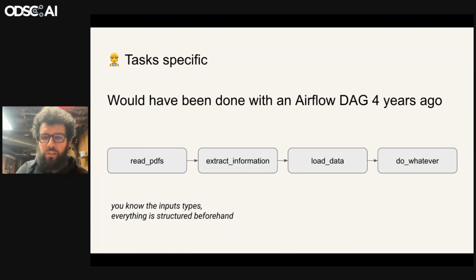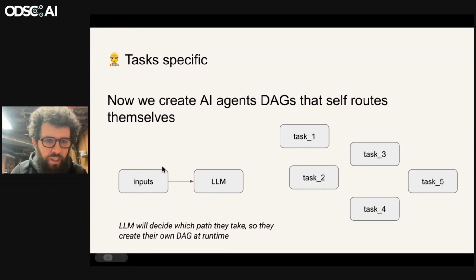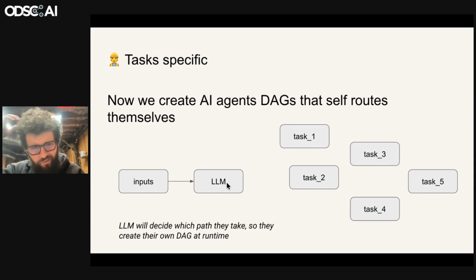But with LLMs, this has shifted a bit. Now we create DAGs, or we let the AI agent create DAGs, and the AI agents decide the routes they want to take within the DAG. So we have some inputs. The inputs can still be the PDF. Then we give it to the LLM. The LLM does this multimodal thing to understand what is in the PDF.